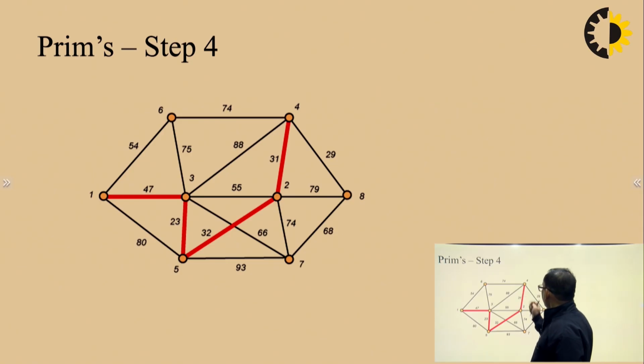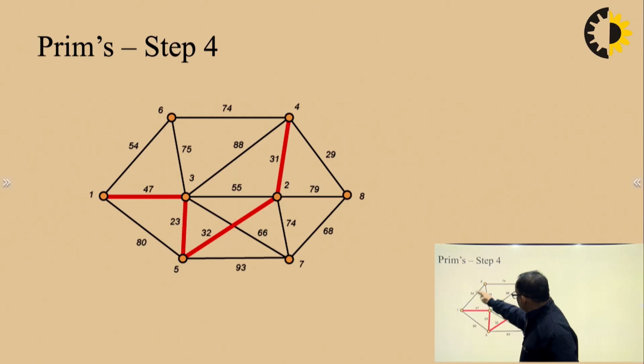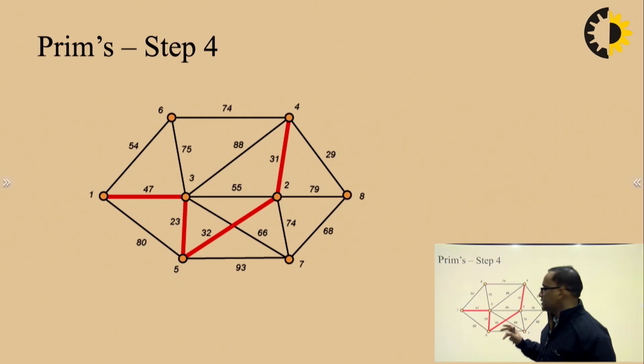The adjacent vertices of vertex 4 are vertex 6 with weight 74, vertex 3 with 88, this is already included, and 20, vertex 8, 29. So now these edges are remaining, and among these edges, the edge which connects vertex 4 and vertex 8 has the minimum weight.